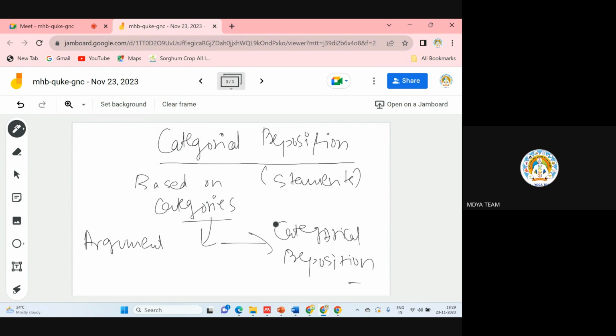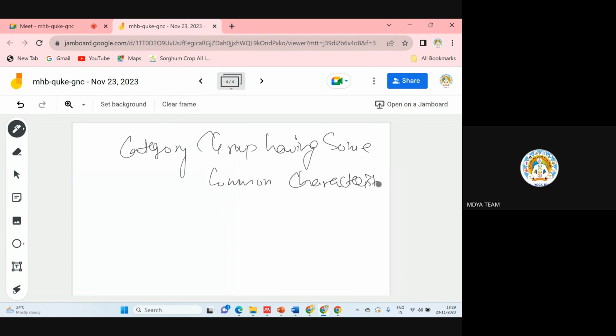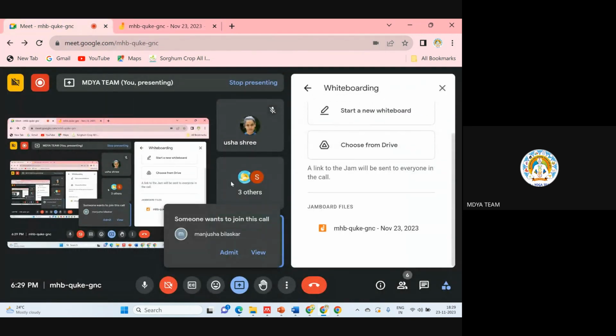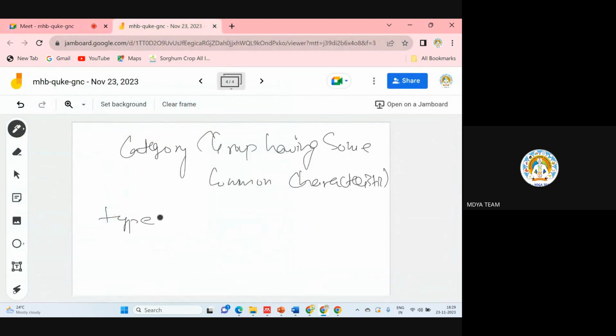So categories means a group having some common characteristic. It is a type of deductive reasoning.